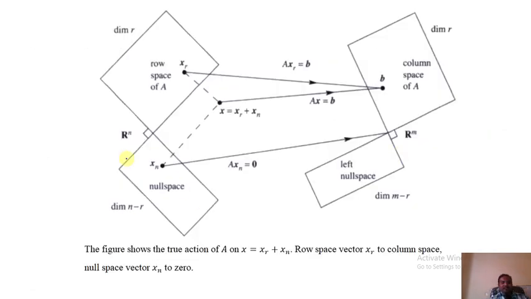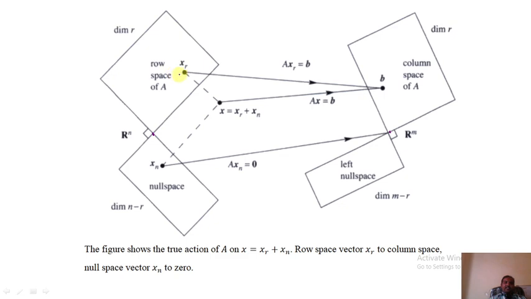Now see this figure. This is the row space, column space, null space, and left null space, and we got orthogonality. That means they meet at the zero vector. A zero vector in each space is there. The row space and null space meet at the zero vector, the same as the column space and left null space meet at zero. They are orthogonal, they make an angle of 90 degrees.